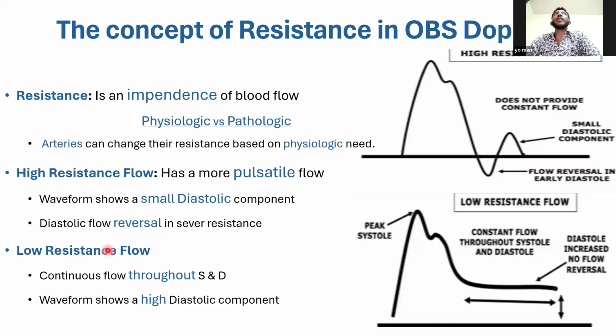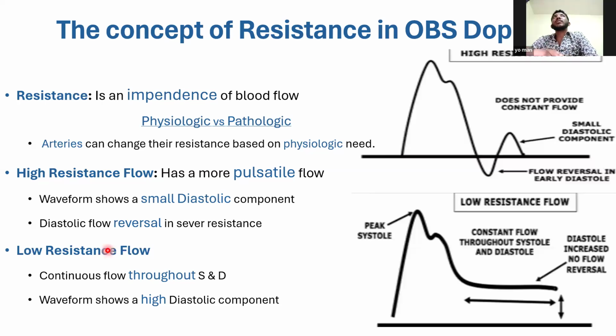So let's talk about the concepts of resistance in obstetrics ultrasound. Everything we are going to say and do in fetal-maternal Doppler ultrasound is just describing how much resistance the blood encountered through its journey. This is what we're gonna do.